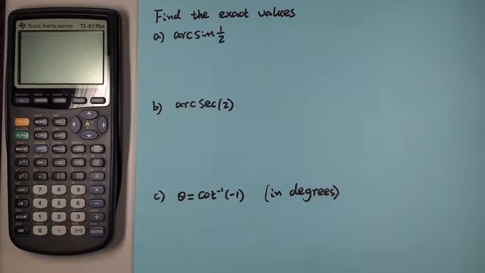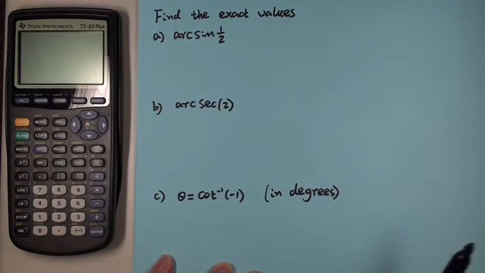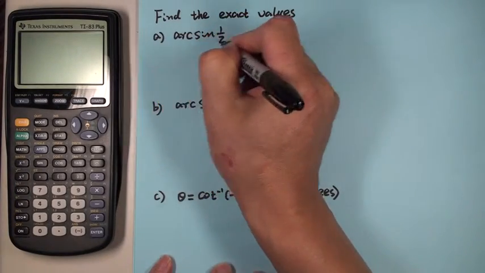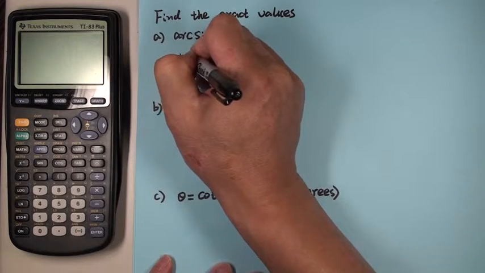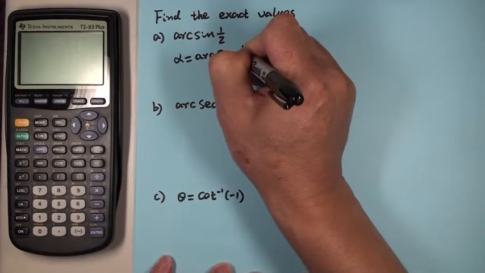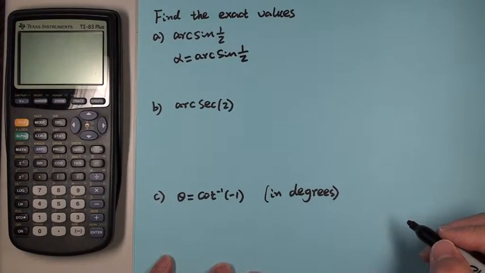Let's look at a few examples in this lecture. The first one is we want to find out arc sine of 1/2. We know that arc sine is actually an angle, so we may let alpha be the value of arc sine 1/2.